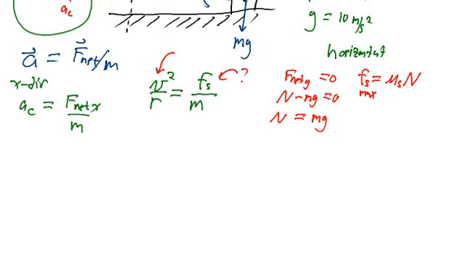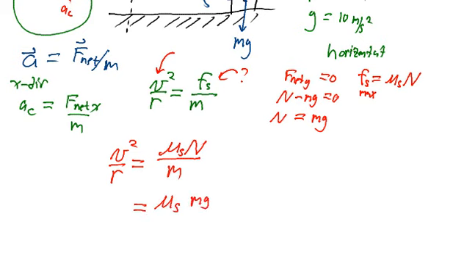Alright, so I have v squared over r is equal to the frictional force, which is mu s times N, divided by the mass. The normal force is equal to m times g, divided by the mass. So I put my left hand side there, v squared over r.